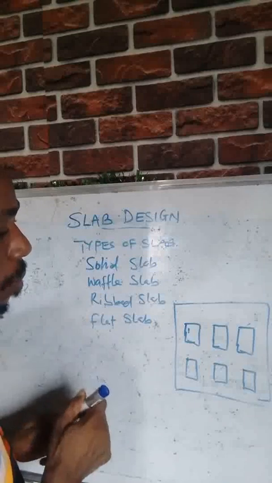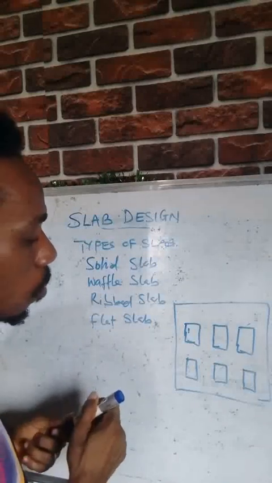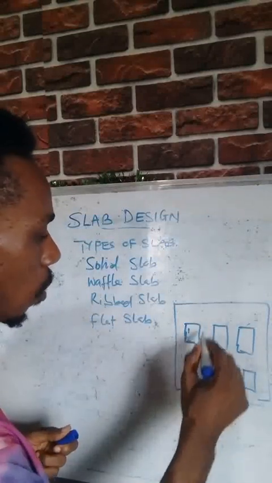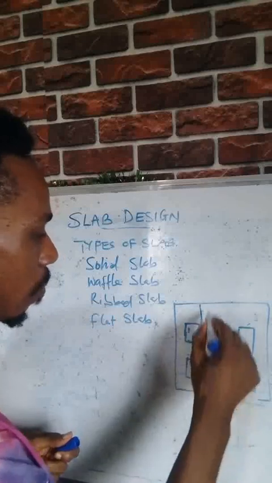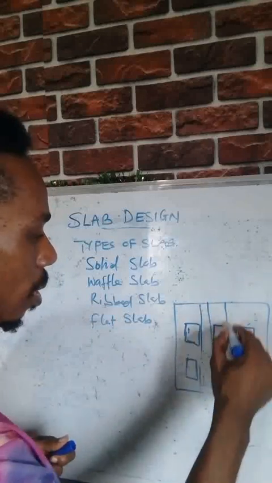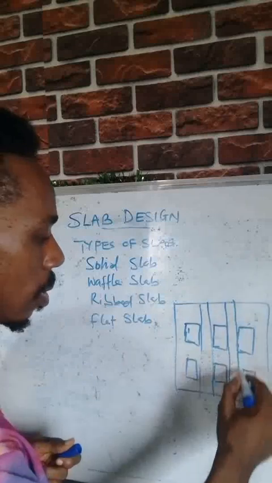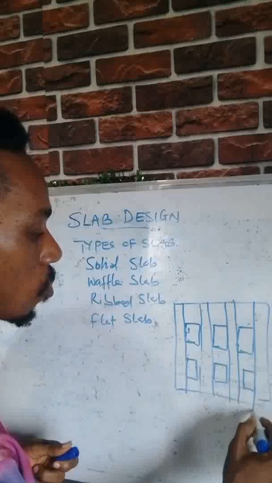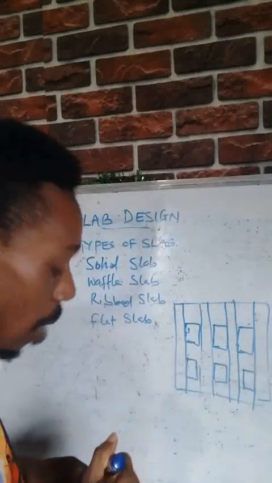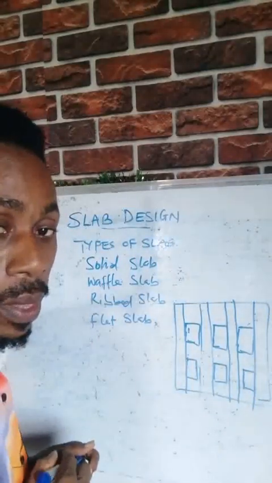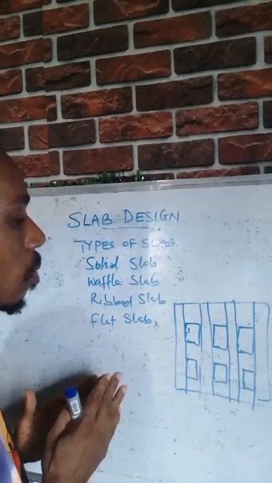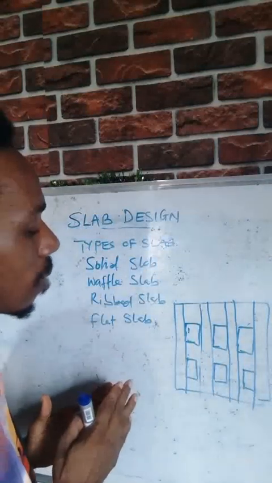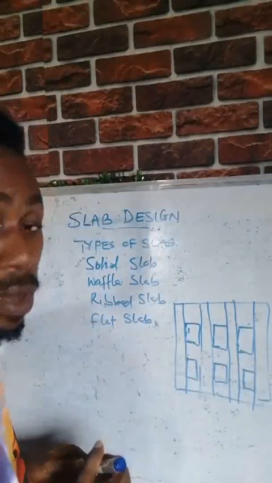Now your rib slabs are those where you use blocks. Then at the center we have our ribs cutting across. Also remember, our waffle slab also has ribs as well, but the ribs are not as big as those of the rib slab.